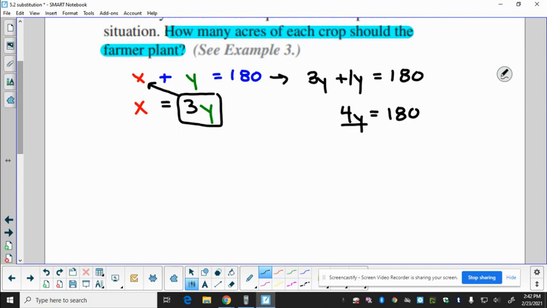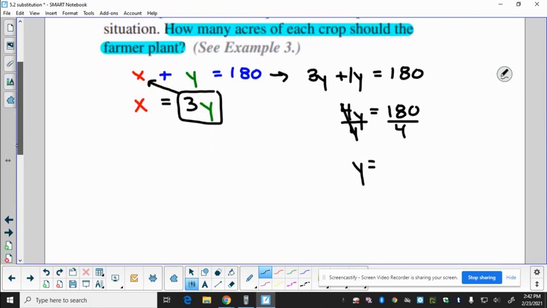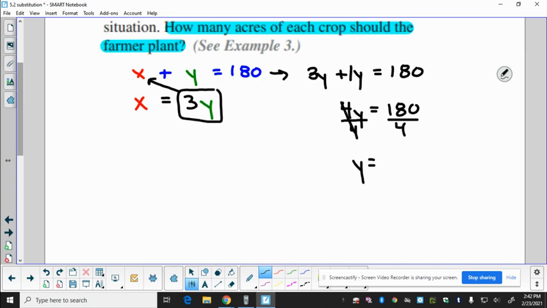Now we can divide. All right, now remember from our paragraph, y is the wheat. So 45 acres of wheat is what y represents.